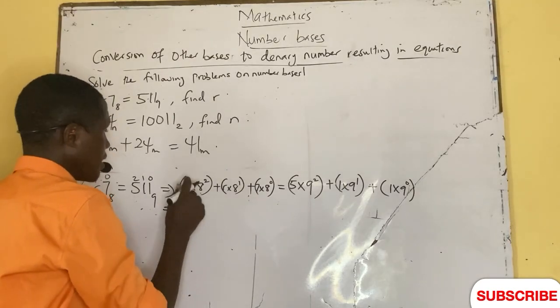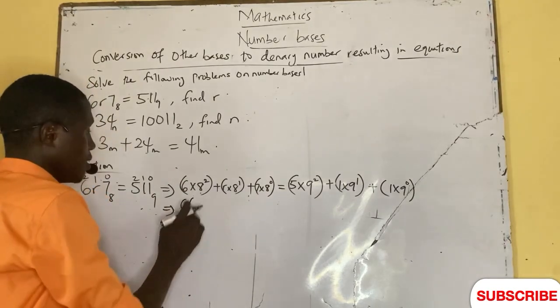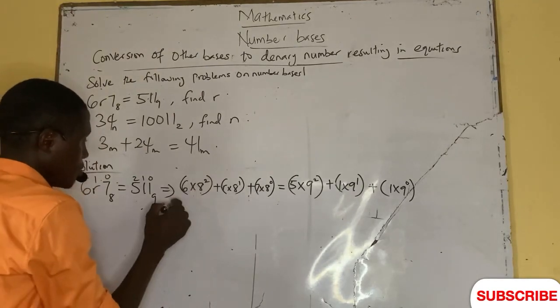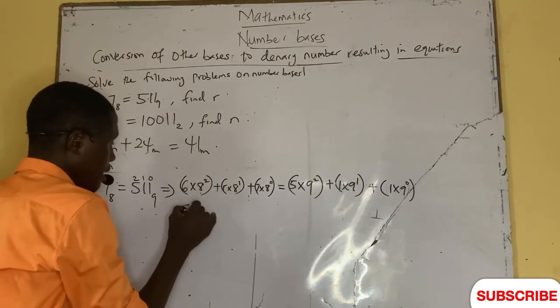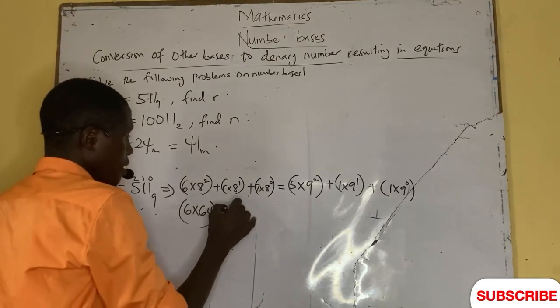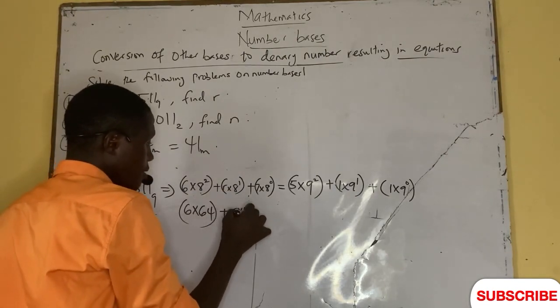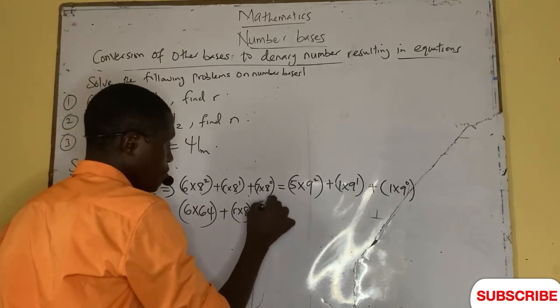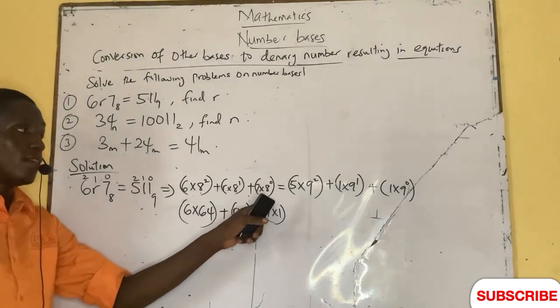So with this now, we have 6 times 8 squared, which is 64, plus r times 8, plus 7 times 1. Don't forget, any number to the power 0 is 1.